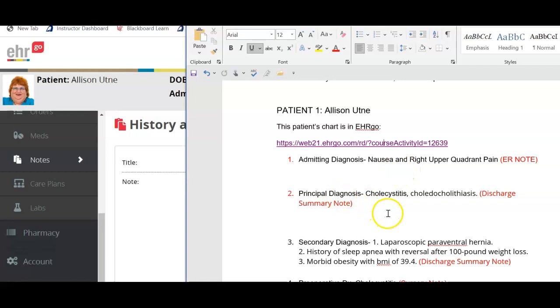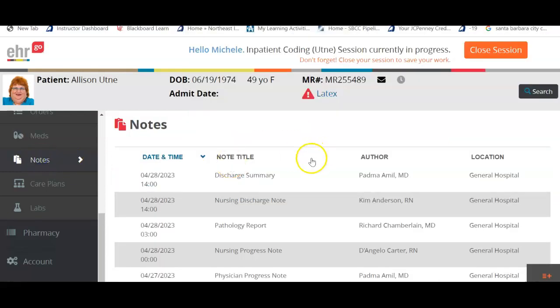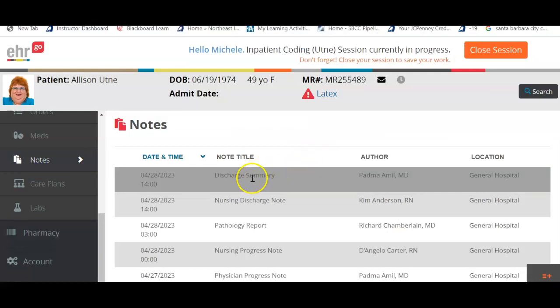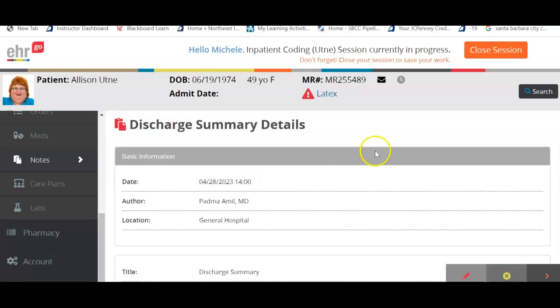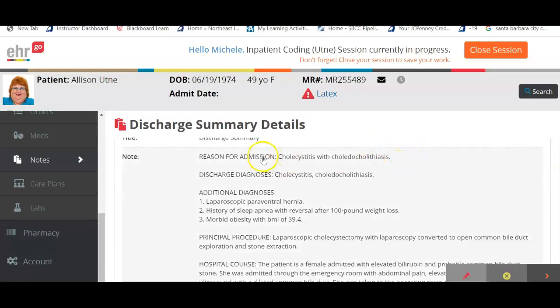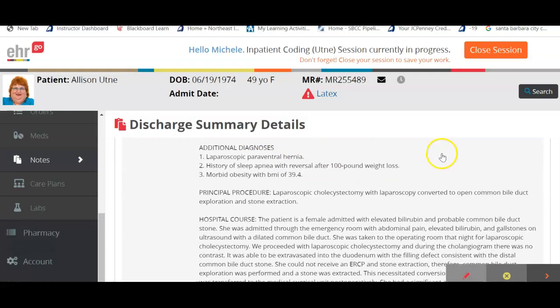For the principal diagnosis, I always like to go to the very last thing, which is the discharge summary. That is basically a summary of the patient's admission. It talks about it from start to finish, what went on. Here we have the reason for admission, discharge diagnosis, some additional diagnoses, and it gives us our principal procedure.